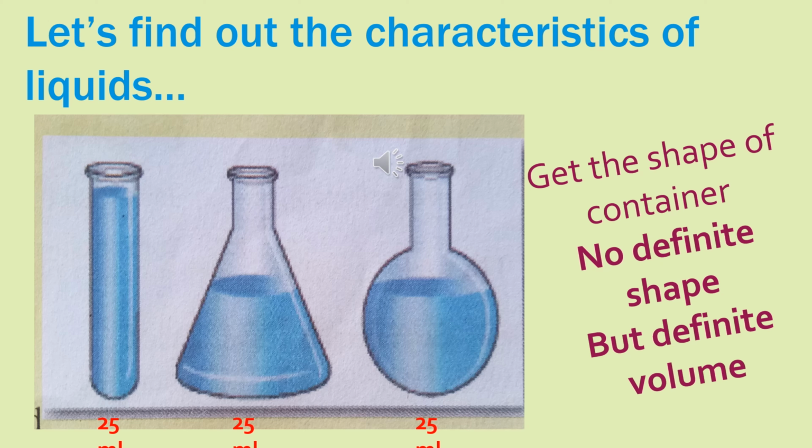There are 25 milliliters in these three containers. But what can you say about the shape? Water takes the shape of the container. It is different from each other. Hence, a liquid has a definite volume but no definite shape.